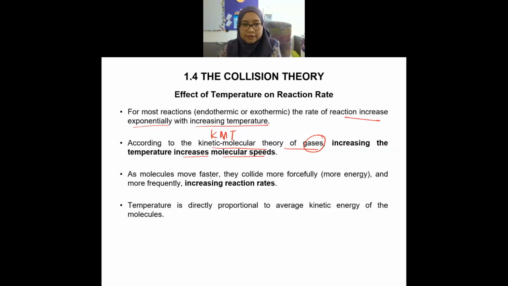As molecules move faster, they collide more forcefully with more energy and more frequently, and this increases the reaction rate. Temperature is directly proportional to the average kinetic energy of the molecules.